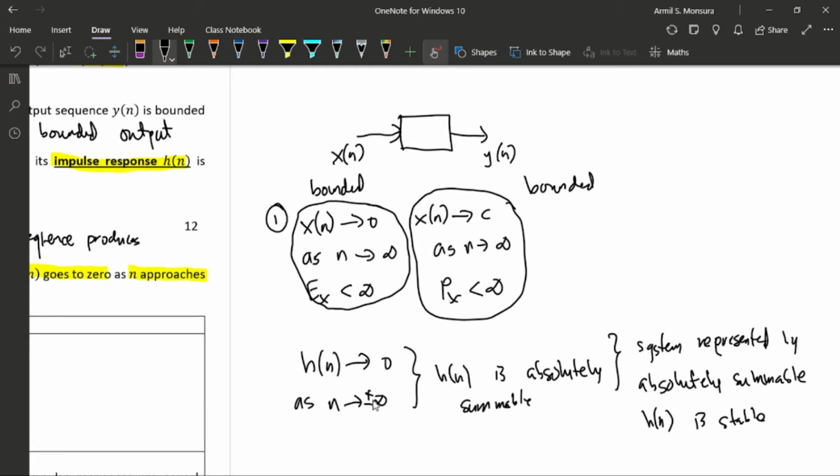It also implies that your h[n] is an energy sequence. Because of this condition, it would imply that your h[n] should be an energy sequence.